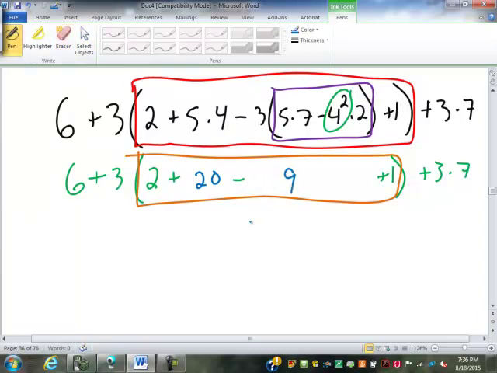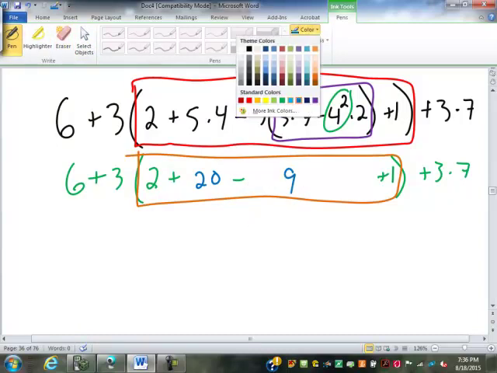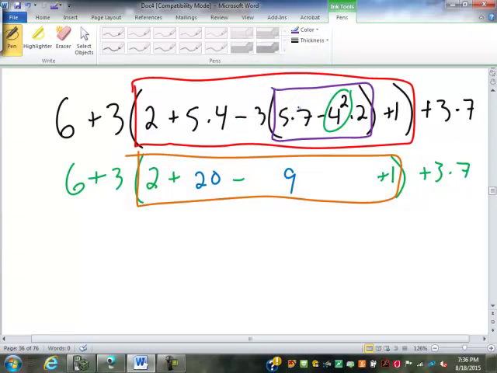Perfect. Then what? Left to right, addition, subtraction. Yes, 2 plus 20 is 22. And then 22 minus 9 is 13. And then 13 plus 1 is 14.